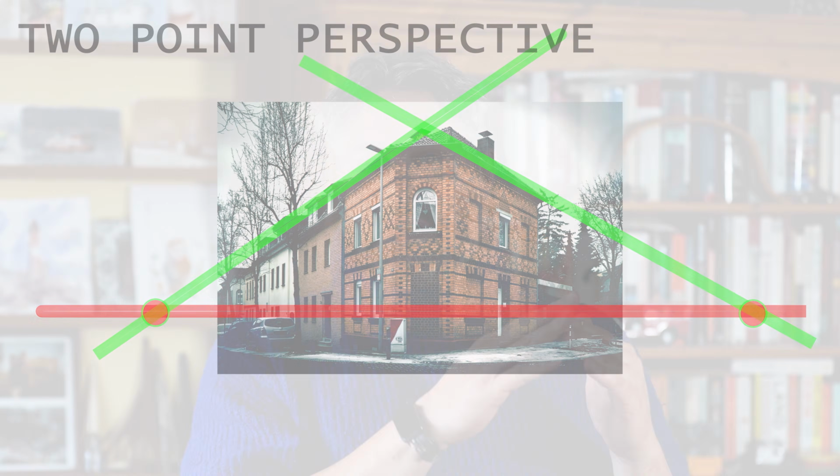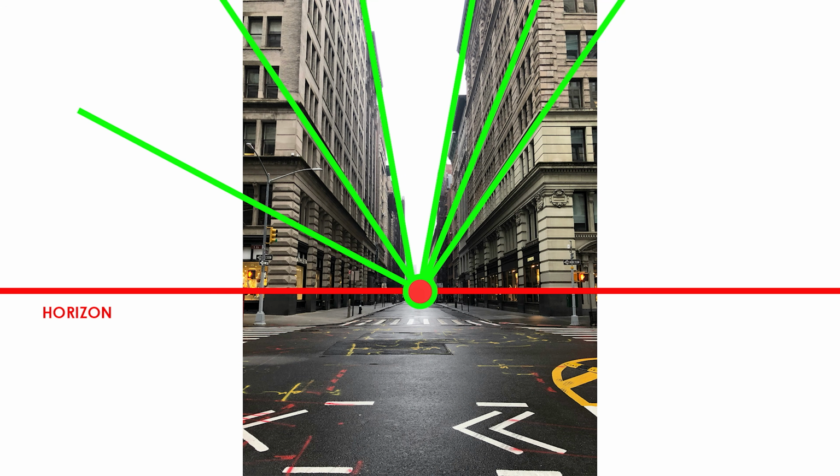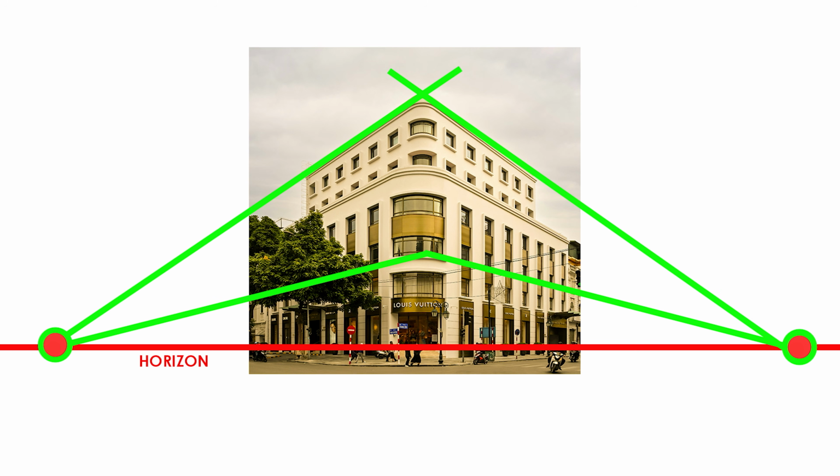This is an example of single point perspective. You're looking down a road. And this is an example of 2-point perspective. Okay, so the vanishing point will always be on the horizon line. Just remember that. Keeps it nice and simple.